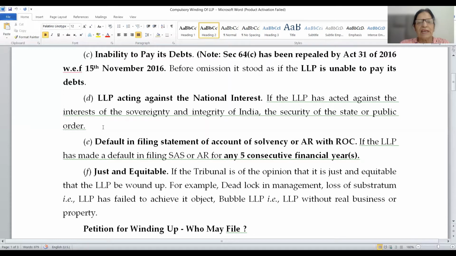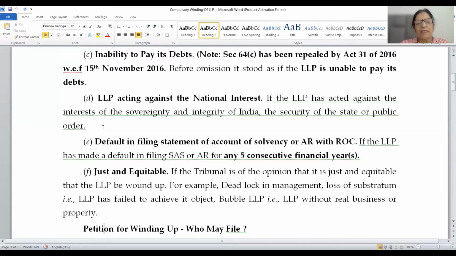Next is default in filing SAS or AR, annual return, with ROC, Registrar of Companies. Now, SAS has to be prepared and maintained by every LLP. Within the specified time, a copy of the same has to be filed with the registrar, along with the annual return.